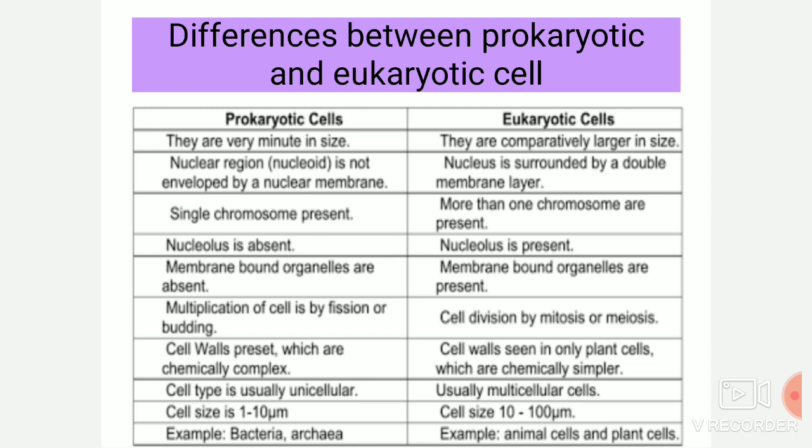Prokaryotic cells are usually unicellular and eukaryotic cells are multicellular. Size is very small, 1 to 10 nanometer, and here the size is 10 to 100 nanometer. Examples: all bacteria, archaebacteria and blue-green algae come under prokaryotic, and the rest of the cells come under the eukaryotic category.